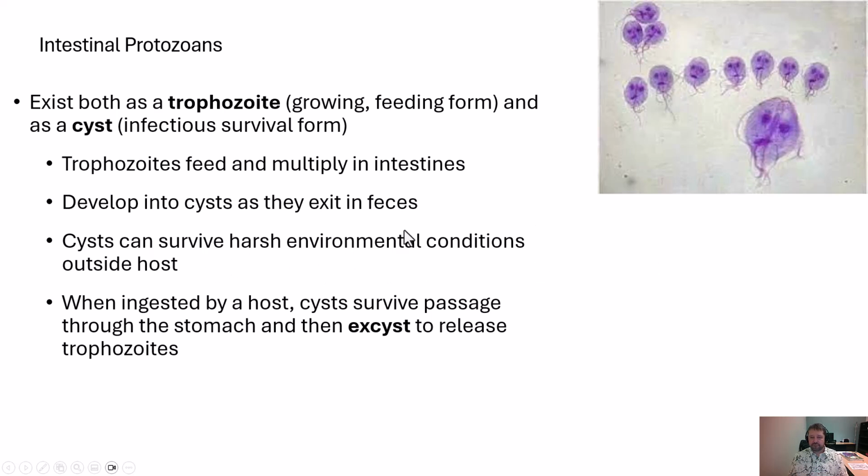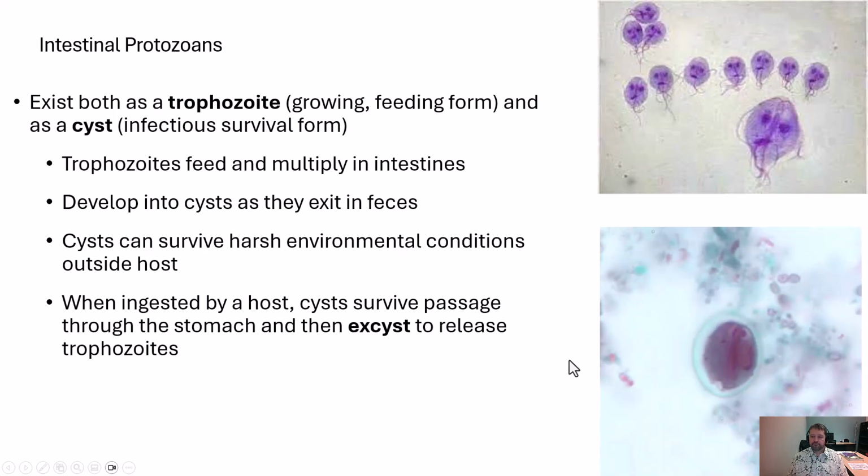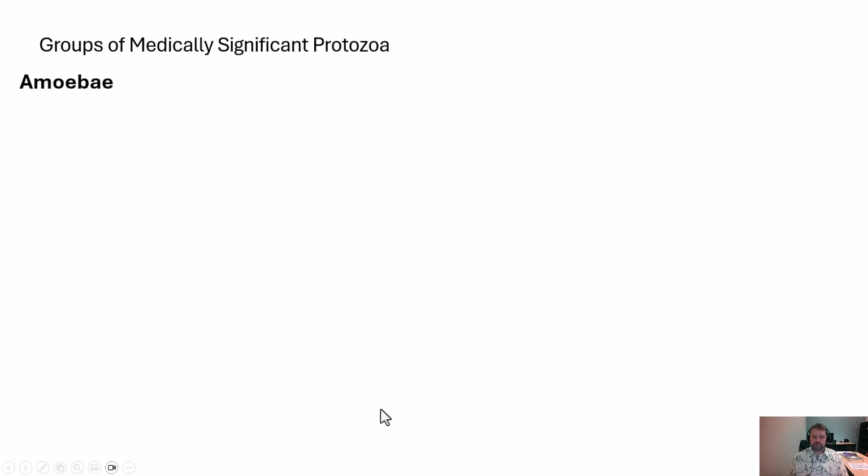And then that cyst survives, and when a host consumes the cyst, it makes it to the environment, normally in the case of intestinal protozoans, the intestines, and once it's in the stomach or intestines, the acidity of the stomach often triggers the cyst to excyst, breaking open and letting the trophozoites out again so they can start reproducing again. And so this is a cyst form of Giardia.